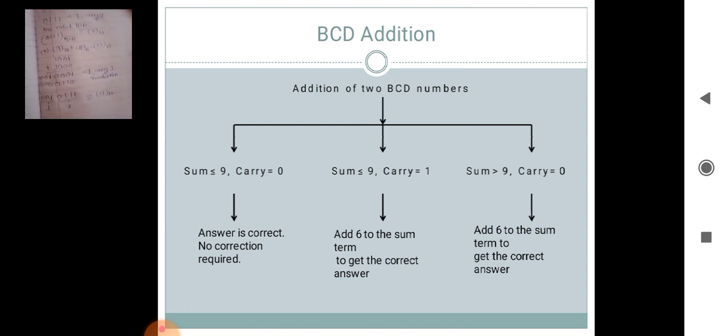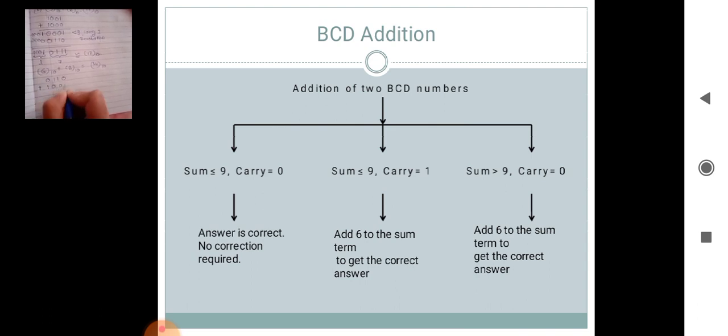Now we'll see another example for practice. That is 6 plus 8. The result we are expecting is 14. We'll check if it is coming with BCD addition or not. So first we'll take 4-bit binary of 6. We'll add 4-bit 8 to 6.